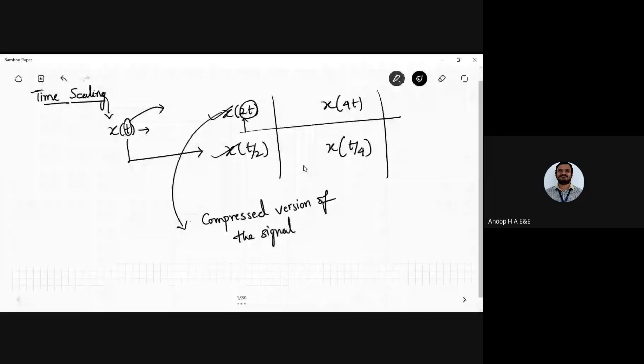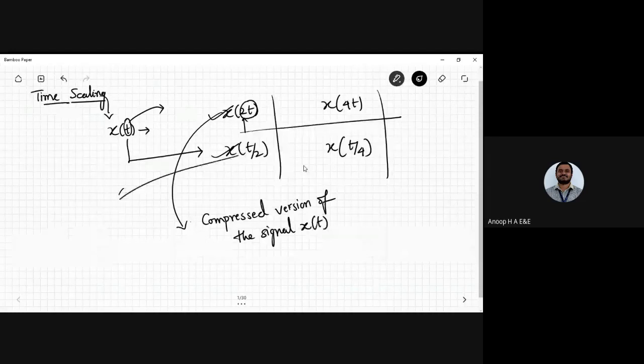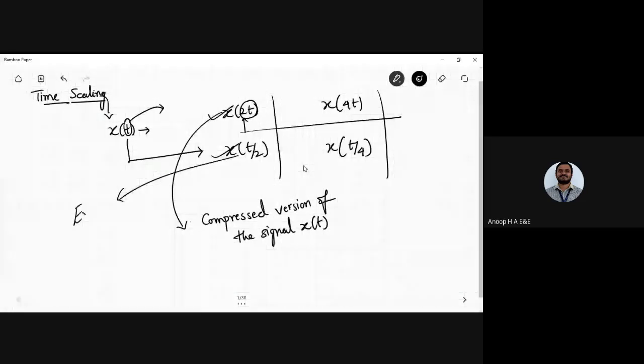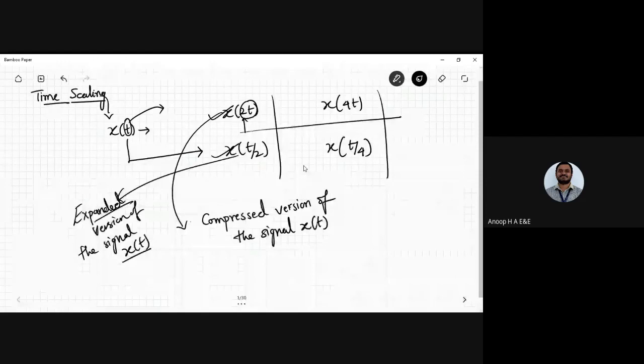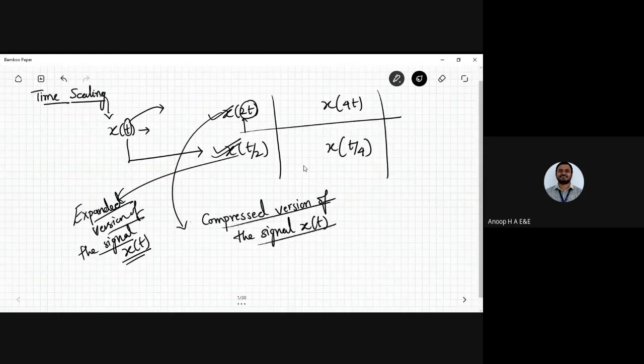This one represents the expanded version of the signal x of t, that is t by 2. Next, you have the compressed version of the signal, that is x of 2t.